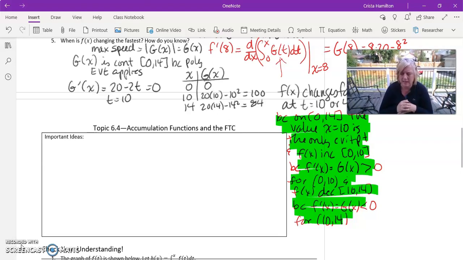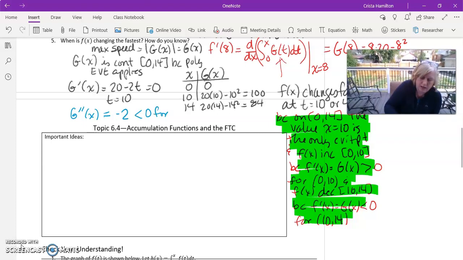And technically, there's a third option, while we're sitting here talking about different options for optimization. Once you got your critical value, you could have gone to your second derivative, and your second derivative is -2, which is less than 0 for all x.